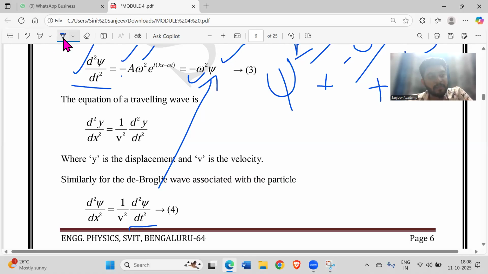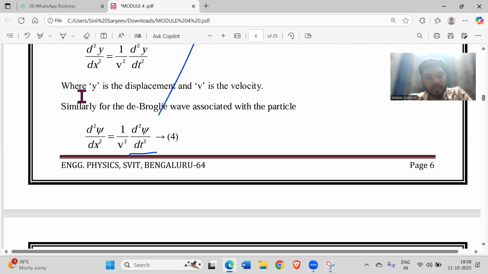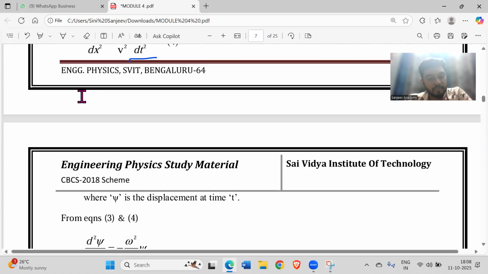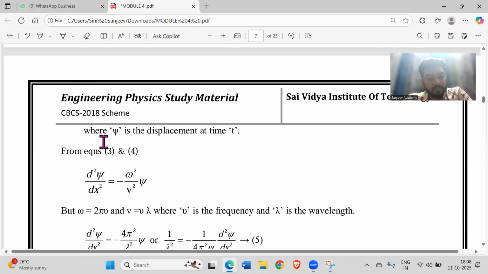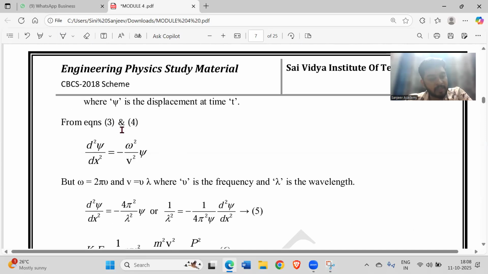That's the only comparison which I'm going to do. And don't worry, I'll be sharing the notes also once this is over. Then you can see it. So I put psi, and I'll be getting the equation like this.